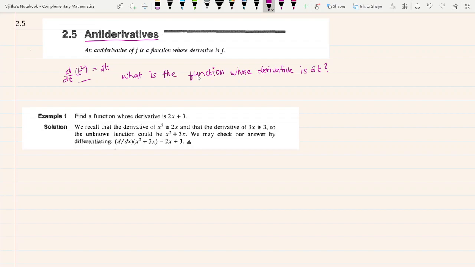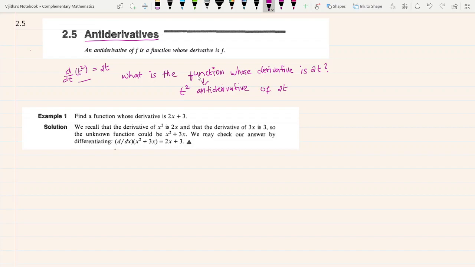So the function whose derivative is a particular function is called the antiderivative. Here you can see that t square is the antiderivative of 2t.